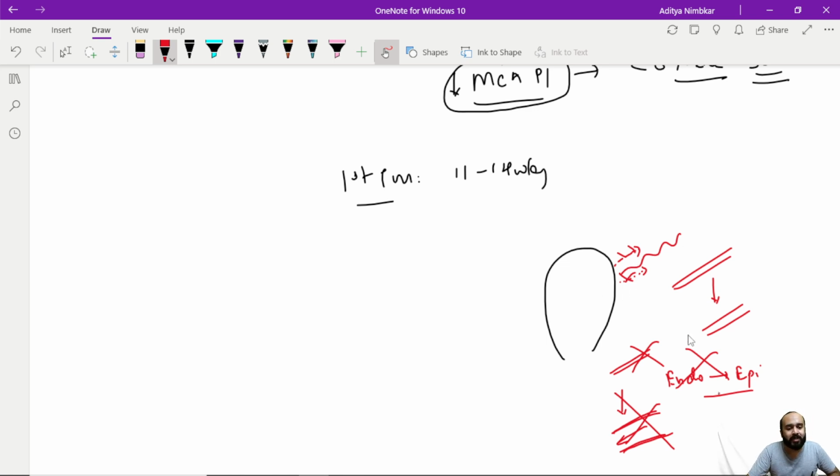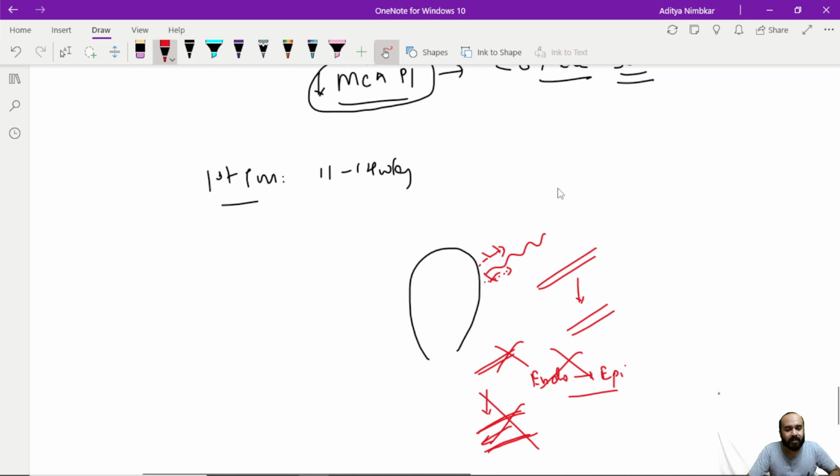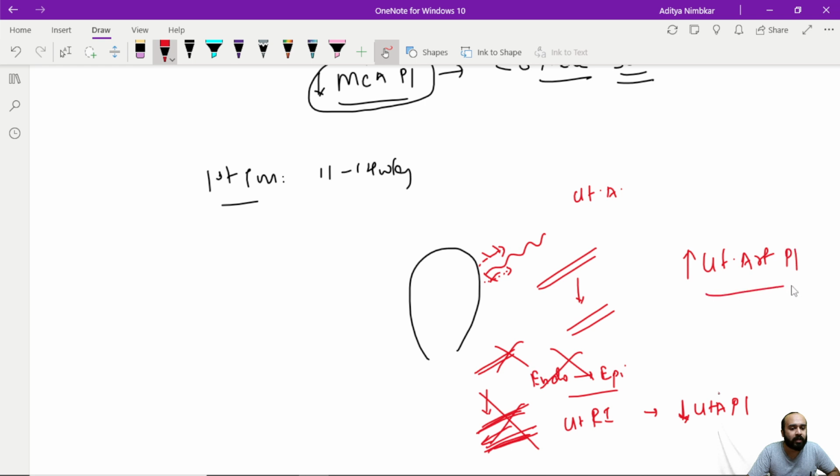Now how will this be seen? These spiral arterioles were coming from the uterine artery. So whenever the diameter of these vessels increases, the resistance index of the uterine artery, or uterine artery PI, would also reduce, because the resistance was reducing and the diameter was increasing. But in preeclampsia this doesn't happen, which is why the uterine artery PI stays increased.